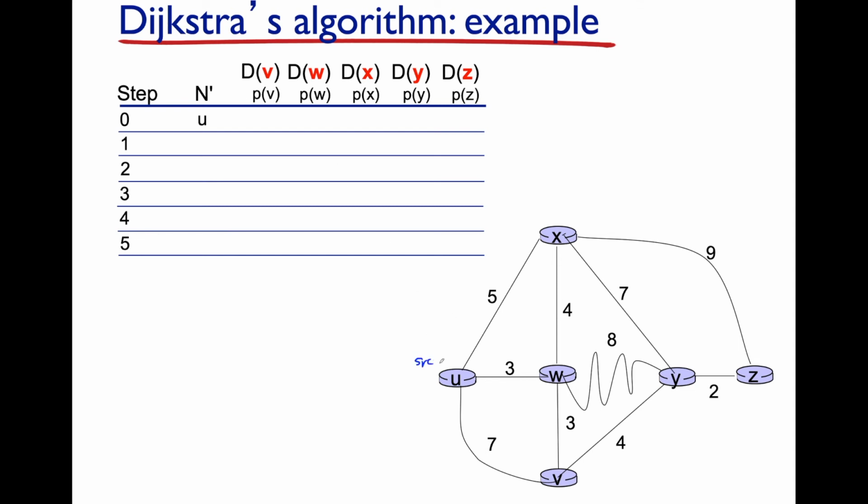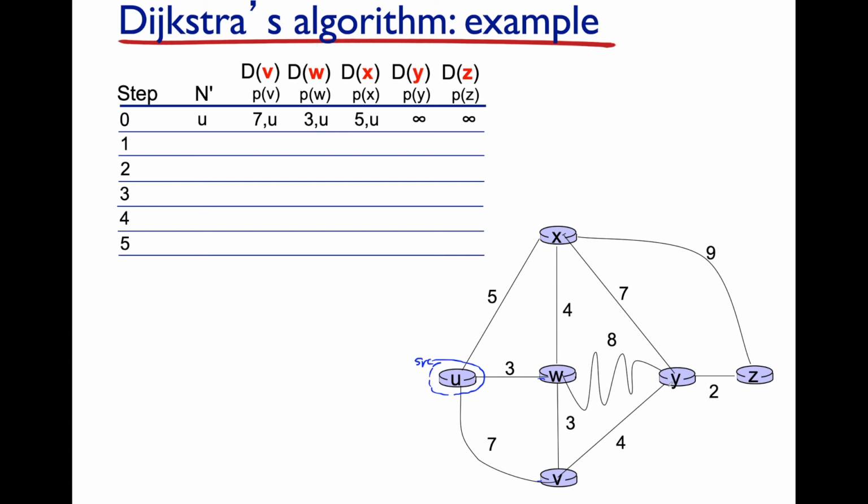And I'm going to set N prime to U. So this N prime starts out as U. Now, of course, in my initialization, I look at all the neighbors of U. My neighbors are X, W, and V. So I set my distance vector for V, W, X to 7, because that's 7 going from that neighbor from U to V. That's 3 going from W to U. And that's 5 going from X to U. Now, the predecessor for the V node is U, because V goes directly to U. W, that predecessor is U, and X, that predecessor is also U.